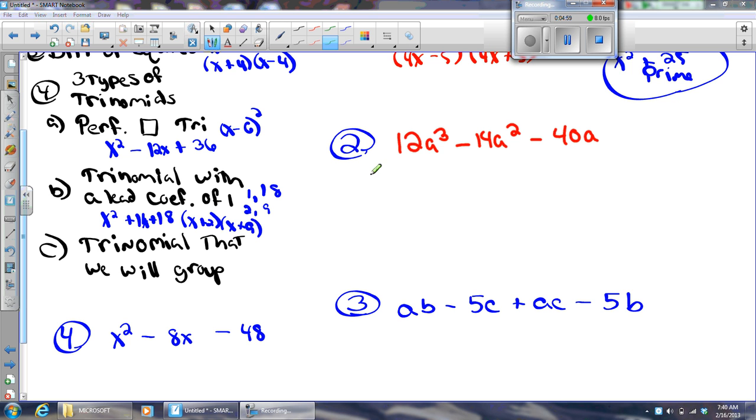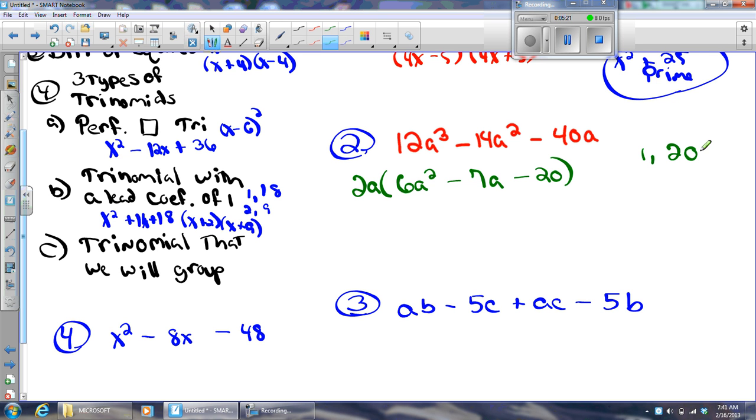So again, I'm going to pull out a GCF, and this time my GCF looks like it's going to be 2a. So I'm going to pull out a 2a, and that'll leave me with 6a squared minus 7a minus 20. Now I'll multiply the 6 times the 20 and get 120. And in this case, I'm looking to subtract to get negative 7.